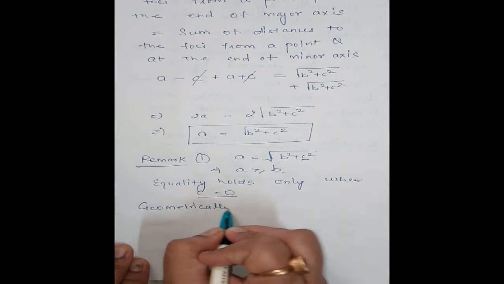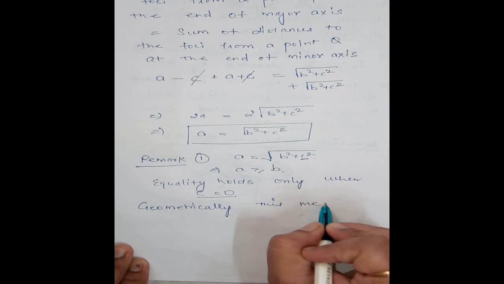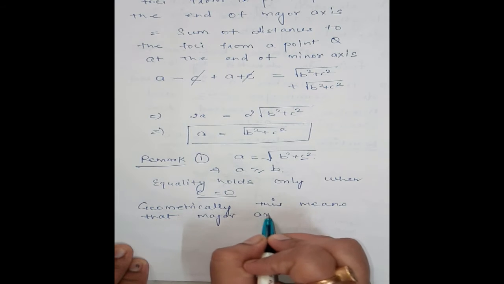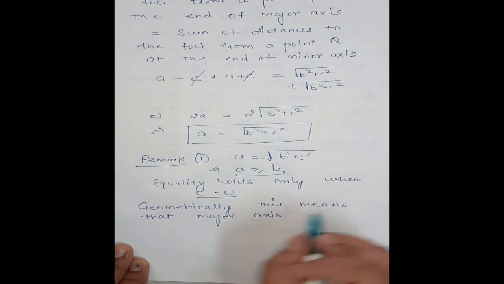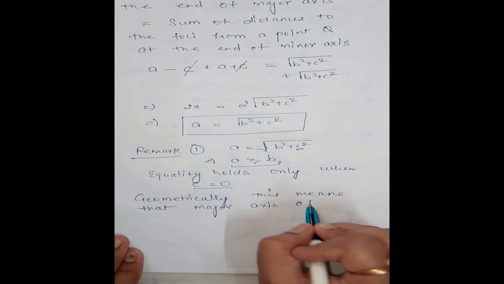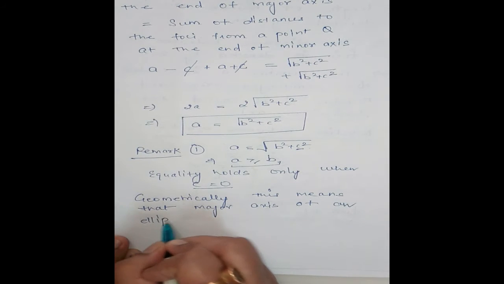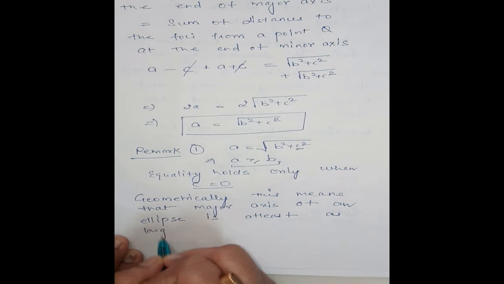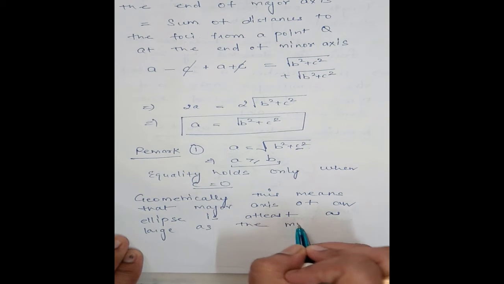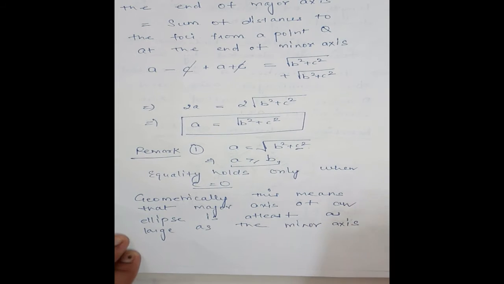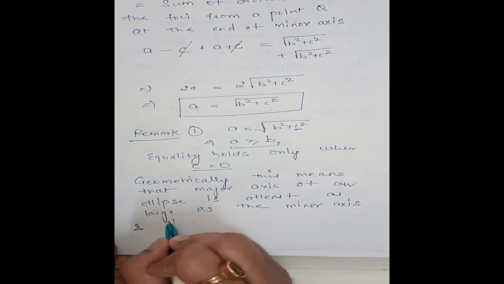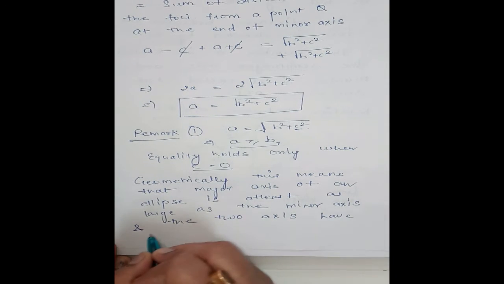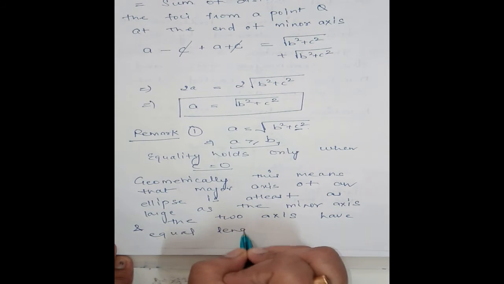Geometrically this means that the major axis of an ellipse is at least as large as the minor axis, and the two axes, major and minor, have equal length, that is a is equal to b.